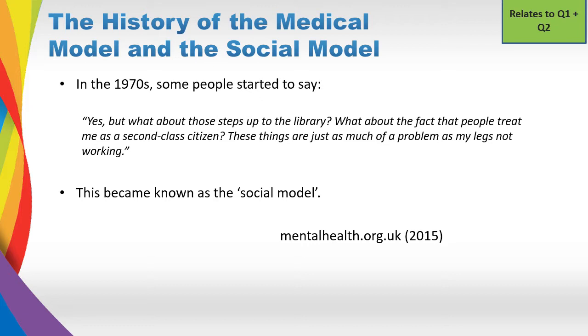And this is what became known as the social model of disability. Those steps going up to the library are preventing the person whose legs don't work from getting to the library. It's not their legs not working preventing them, but those steps themselves. Why isn't there a ramp? People started to get a voice around their disability and wanted better rights.